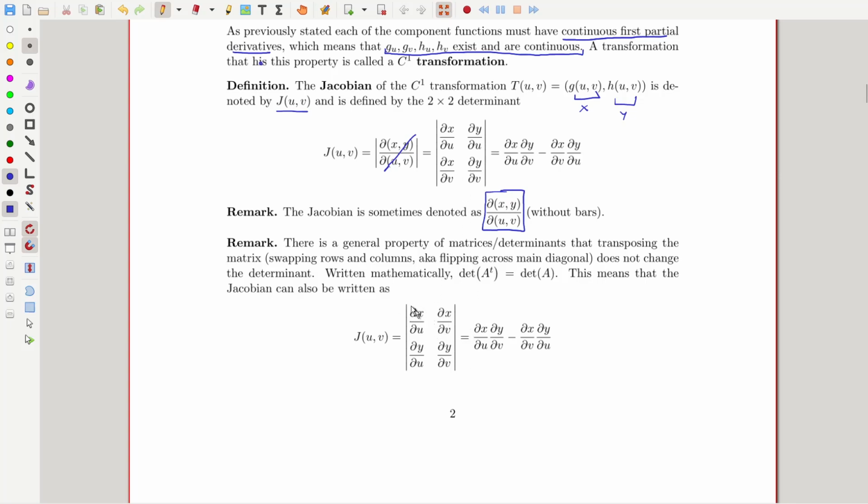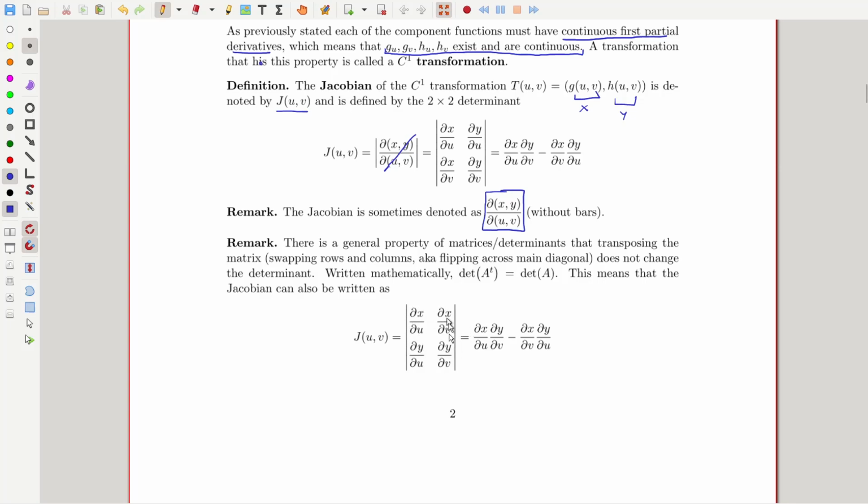So what that allows us to do is we don't need to remember precisely how this notation expands out for the Jacobian. We can write it in this way, where the partial derivatives are the same in the rows, or we can write it this way, where the function we're taking the derivatives of is the same in the row.